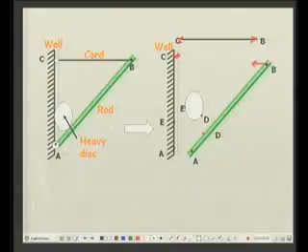Similarly, here is a pin joint at A. At this point, there can be a horizontal force and a vertical force. But on the rod, there will be equal and opposite force. This force is towards right and this force is towards left. This force on the wall is upward, on the rod it will be downward.